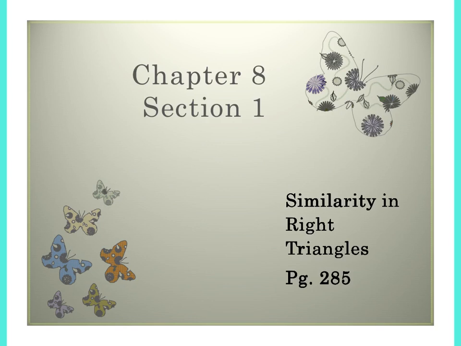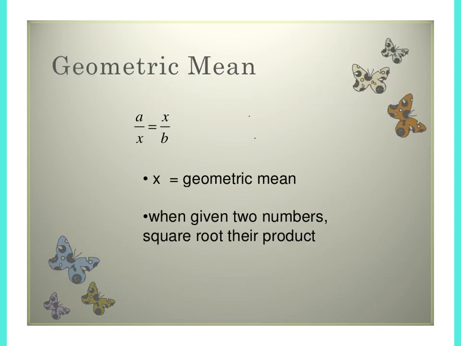8-1 is called similarity and right triangles. We set up the right triangles, similarity, so it's kind of like a crossover between the new stuff and what we just did. We start with something called the geometric mean. The geometric mean is the square root of the product of two numbers. They set it up as a proportion to segue from what we were just at to where we're going.